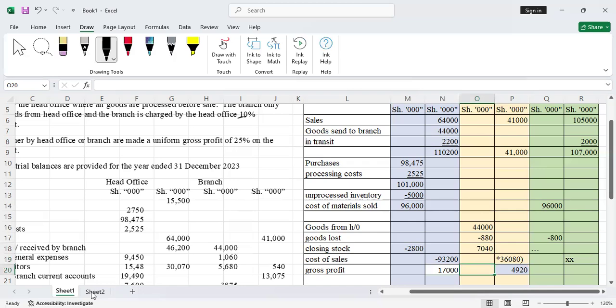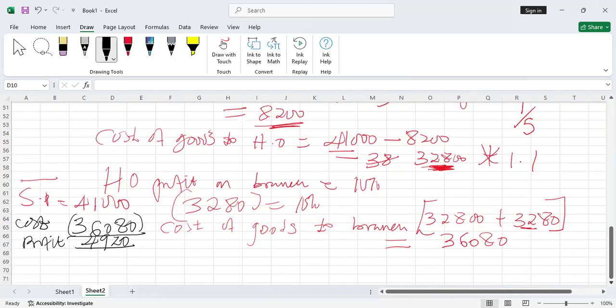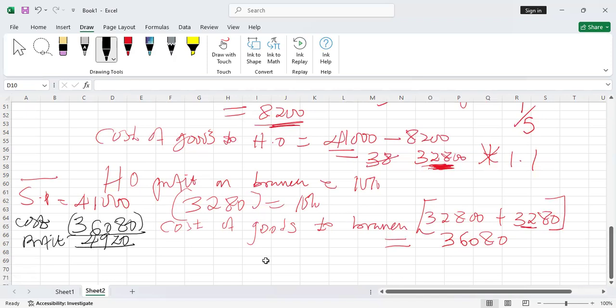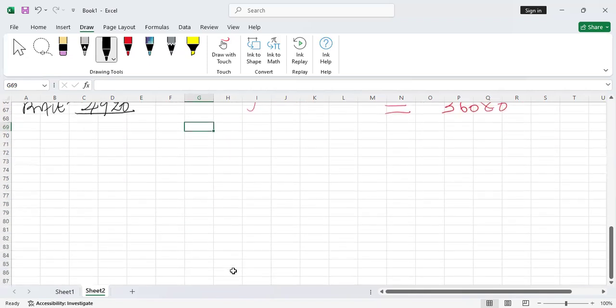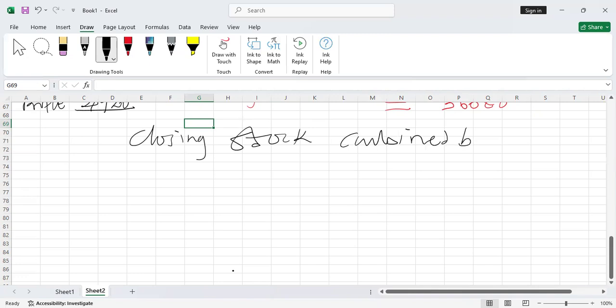Now let us come back here. I show you something. Closing stock, combined business.